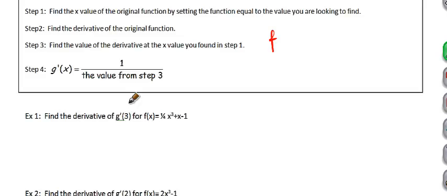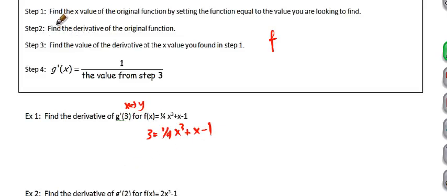This would be x normally, but since it's an inverse, x and y switch. So when we go back to the original function, we're not going to find f prime of 3. We're going to find out what x value it is. So we set 3 equal to this and work on it from there.